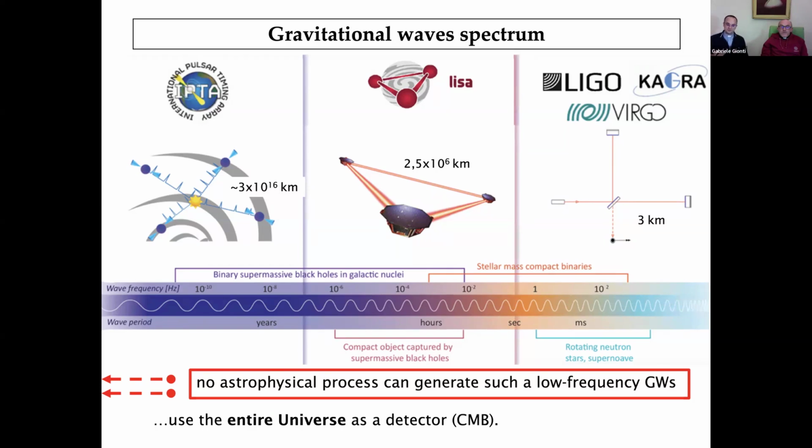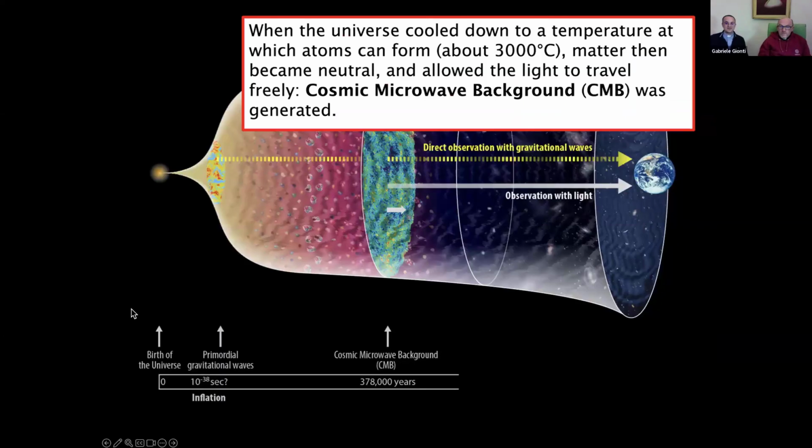So not to build an interferometer or use pulsars, but to use the CMB, the cosmic microwave background radiation, to probe the primordial gravitational waves produced by inflation, because it's not possible to go to such big scales with other techniques. So the idea is to use the CMB.